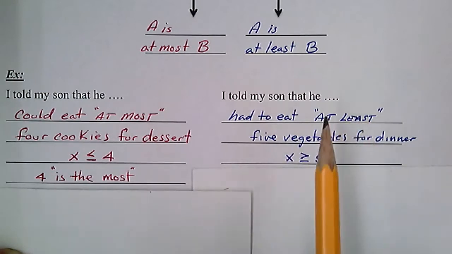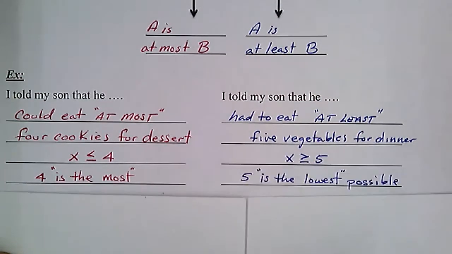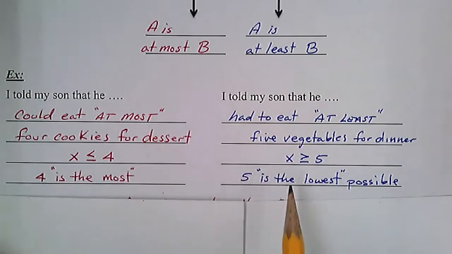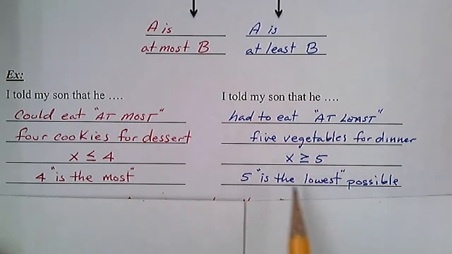So this isn't saying less than, this is saying the lowest. 5 is the lowest possible. I'm telling him he needs to eat 5 or more. Okay, 5 or more. He could eat 6, 7, 8, 9, 10 pieces of vegetables, but the lowest amount possible. So at least means the lowest. The lowest would be 5.